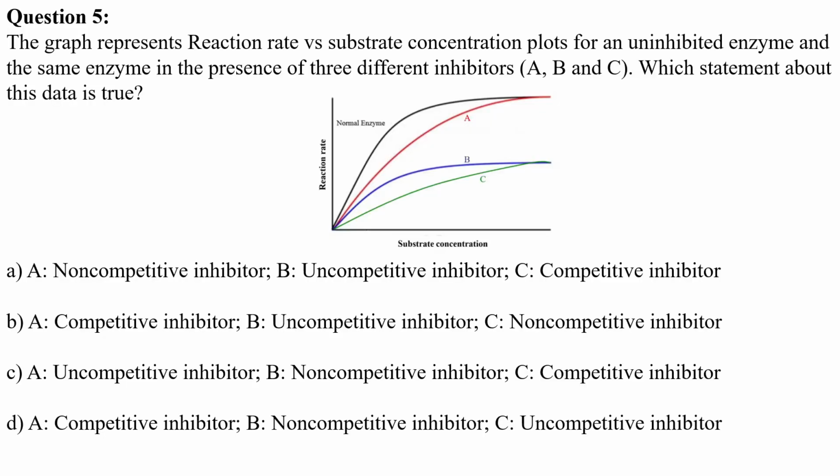Option A says inhibitor A is non-competitive, B is uncompetitive, and C is competitive. B says A is competitive, B is uncompetitive, and C is non-competitive. C says A is uncompetitive, B is non-competitive, and C is competitive. And D says A is competitive, B is non-competitive, and C is uncompetitive.